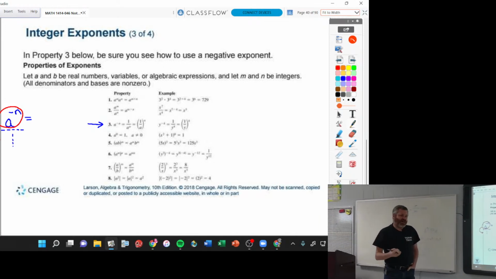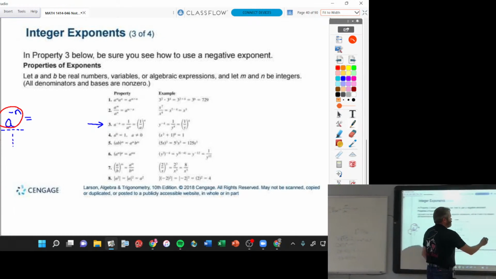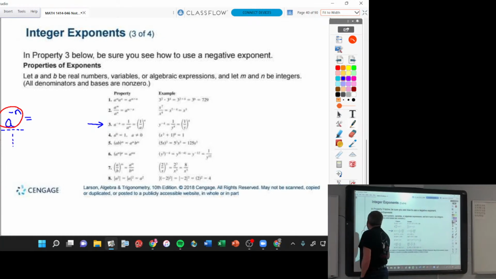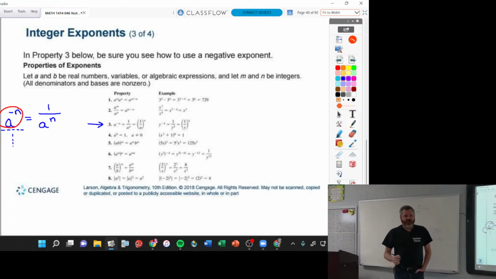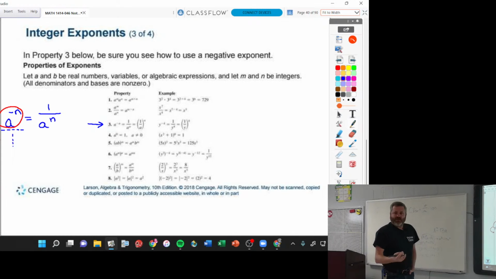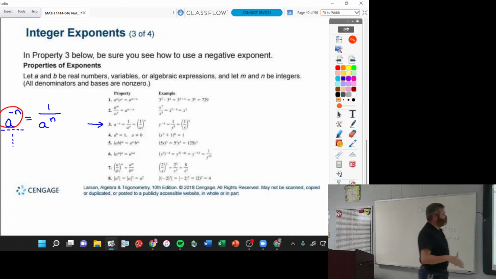So the base will stay the same, but by passing through that fraction bar, it changes the sign of your exponent. So a to the negative n is equal to 1 over a to the nth power. I now have the base the same at a, the exponent changed signs, but instead of being in the numerator, it's now in the denominator.